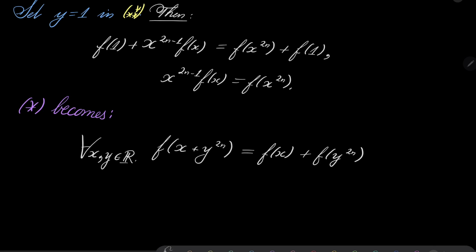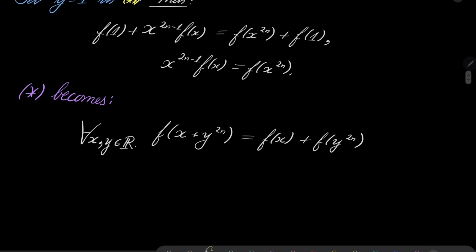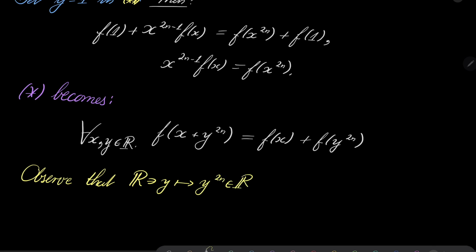Alright, but observe this very simple fact that the mapping which takes real number y and returns y to the power 2n, this function has a range of non-negative real numbers.